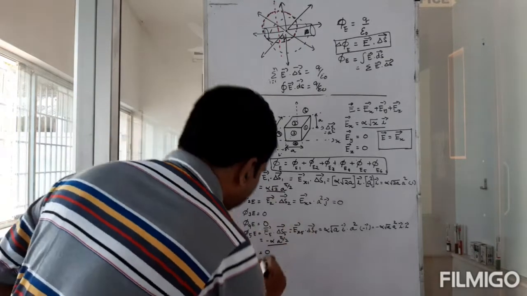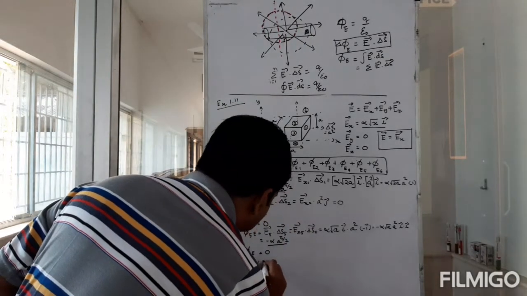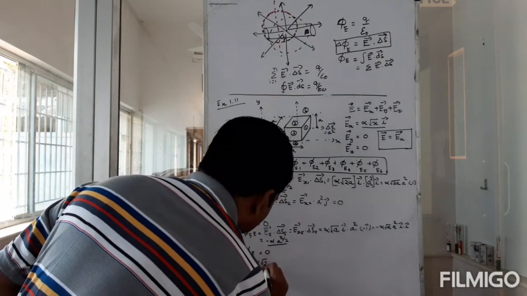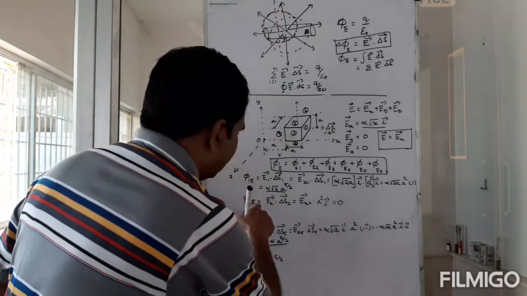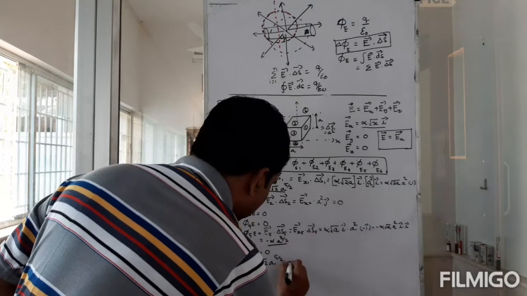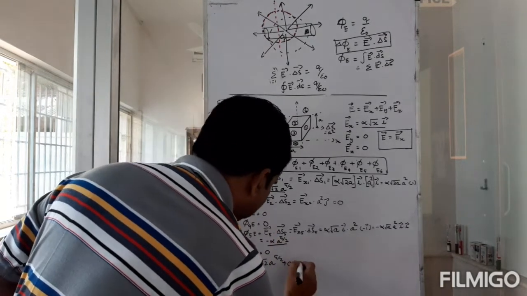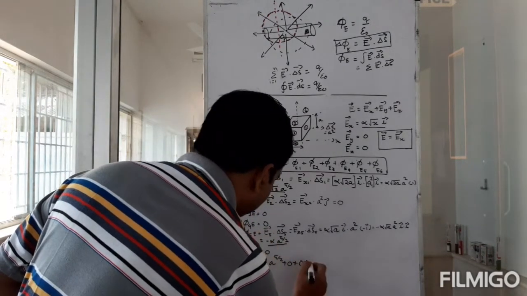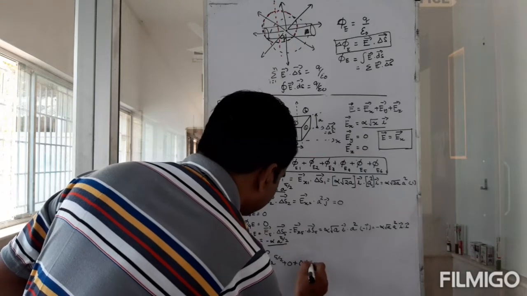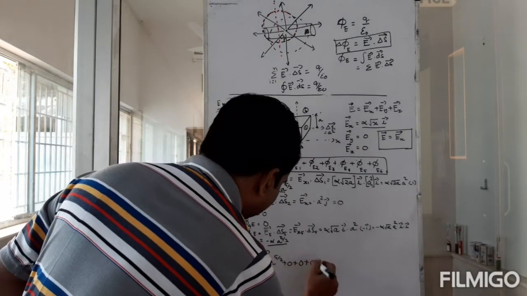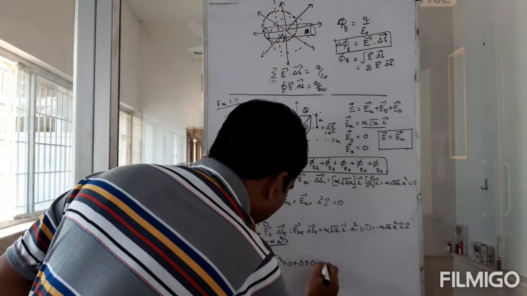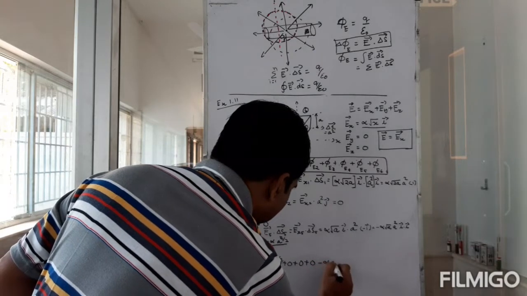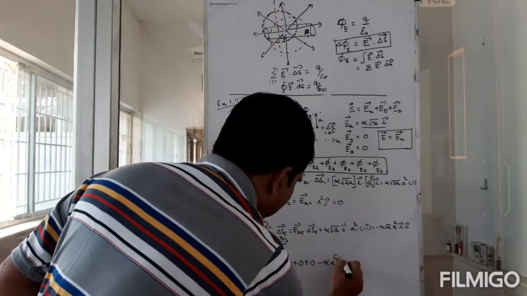I get alpha root 2 A to the power 5 by 2, then phi 2 is 0, phi 3 is 0, phi 4 is 0, and phi 5 is minus alpha A to the power 5 by 2, then phi 6 is also 0.